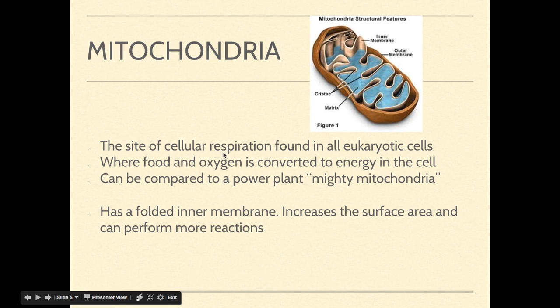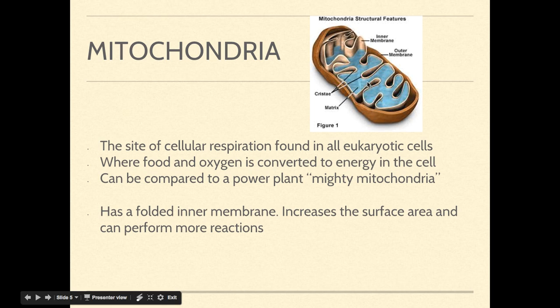Cellular respiration, we mentioned it briefly in ecology when we talked about the carbon cycle. It's basically where you take food, sugar, C6H12O6, plus oxygen that you breathe in, and it is converted to usable energy, otherwise known as ATP. And we'll talk about that more coming up in the unit.